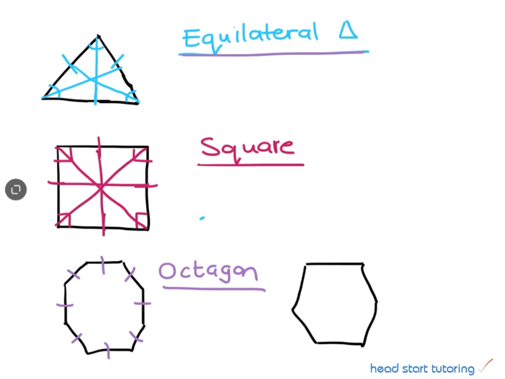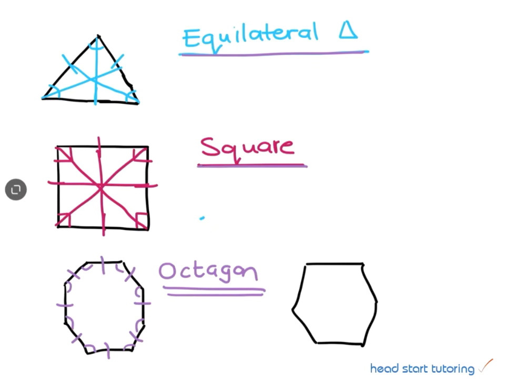A square is a regular polygon because it has 4 equal sides and 4 equal angles. But a trapezium is an irregular polygon because it has 4 straight sides, but they are not all equal.